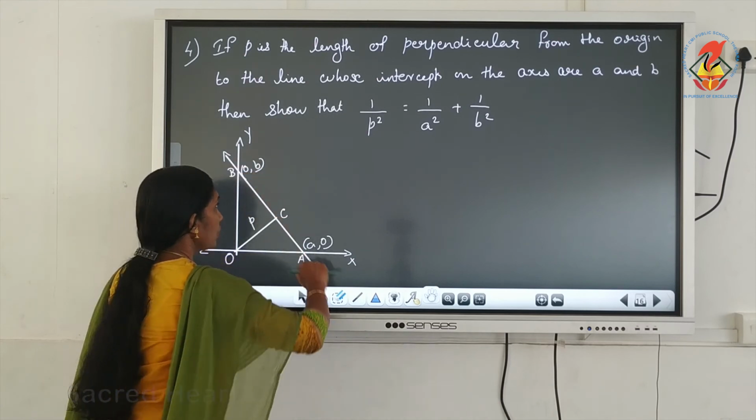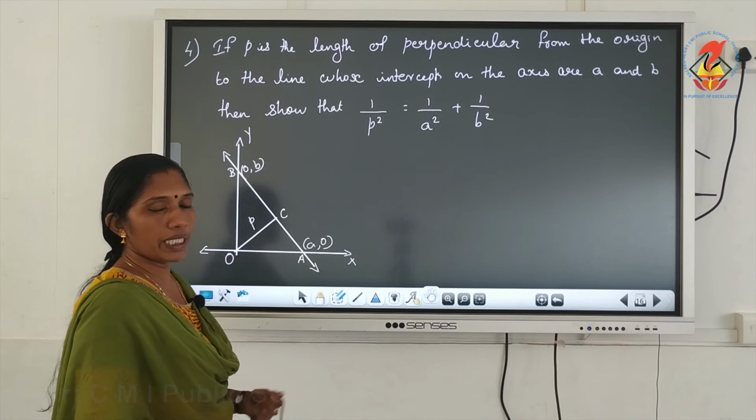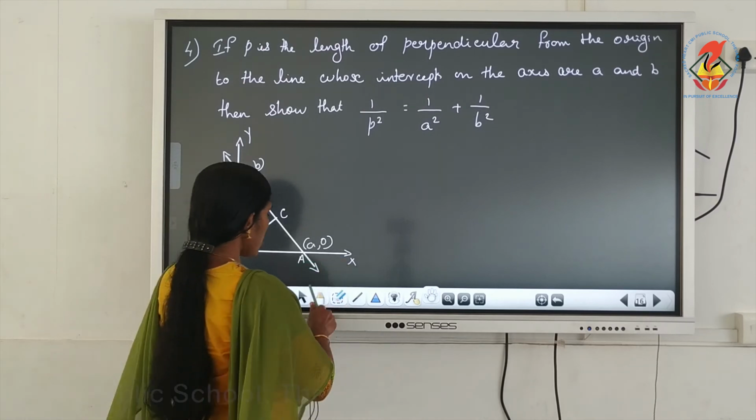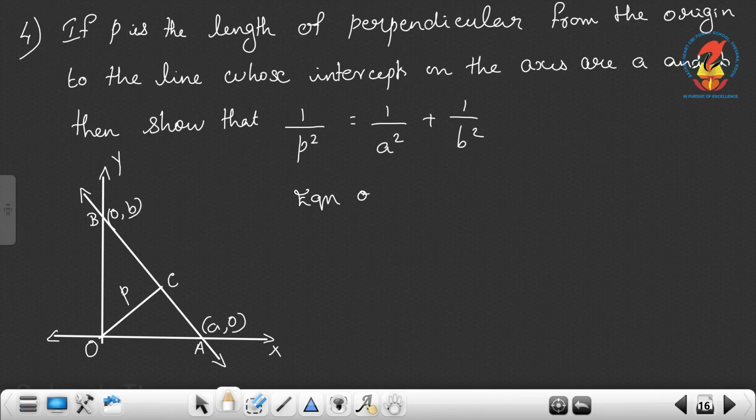So can we write the equation of AB? Two intercepts are given. The equation of AB is in intercept form: X by A plus Y by B is equal to 1.